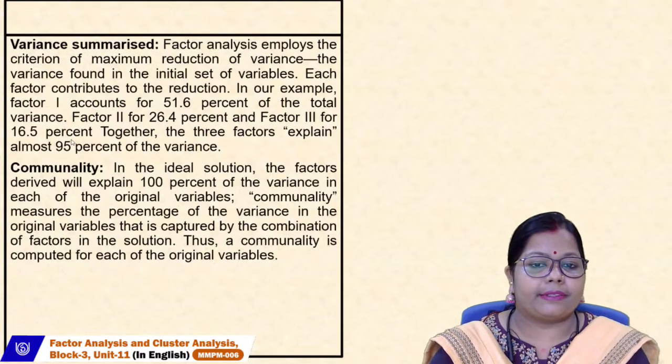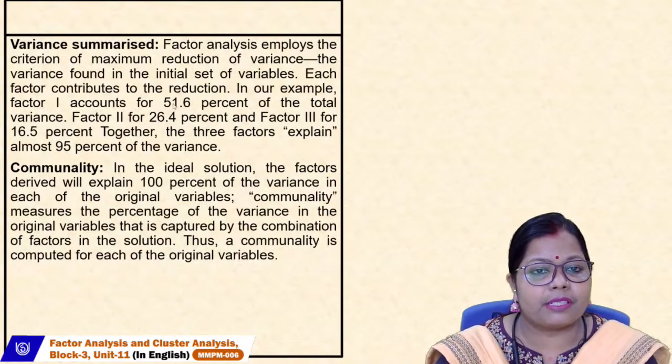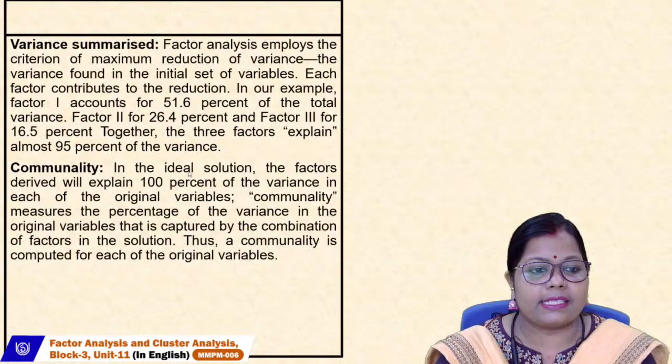Together the three factors explain almost 95%. If we add 51.6 plus 26.4 plus 16.5, altogether it is 95% explained variance.